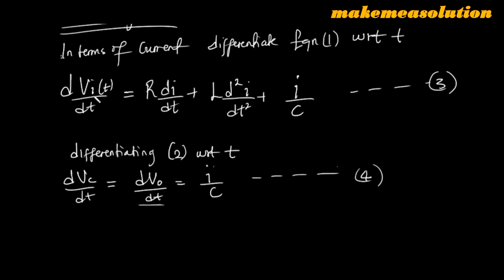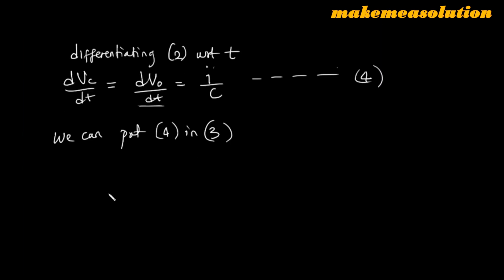Is that okay? Because we want to find the relationship between this and this, the output. So we can put 4 in 3, and this will yield a second order system or differential equation.